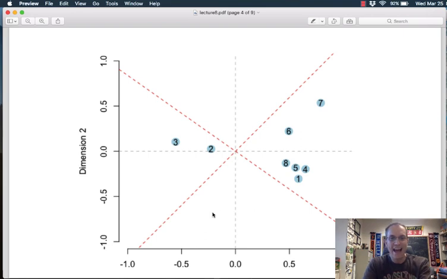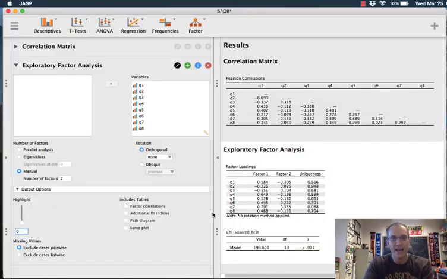It's called an axis rotation, or a rotated factor model. We get it by going to rotation, orthogonal, which means that the axes are 90 degrees, but we're going to choose varimax. Okay? And when we do that, you'll notice that the factor loadings change. Now the uniqueness, so the amount of common and unique variance doesn't change, but the factor loadings change.